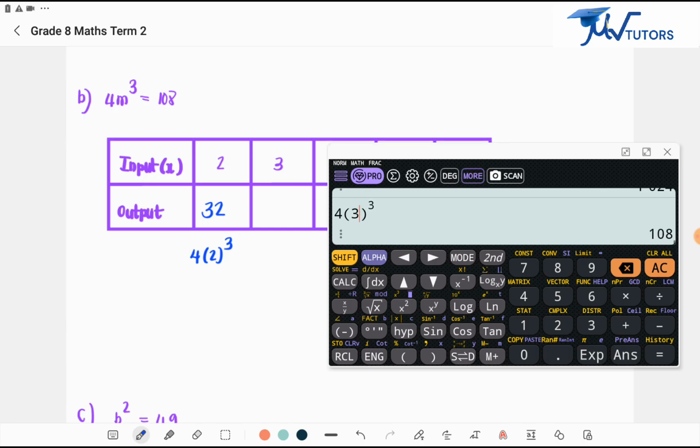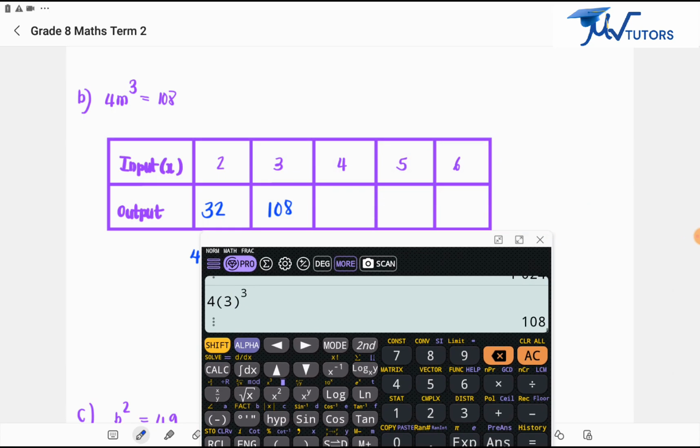Now 3 cubed is 27. What is 27 times 4? That is 108. We can see we already have our answer, but let's continue to fill in the table. 4 cubed is 64. 64 times 4, that's 256. 5 cubed is 125. 125 times 4 is 500.